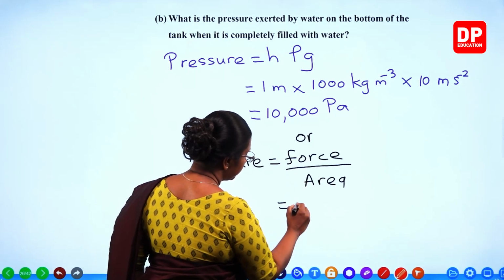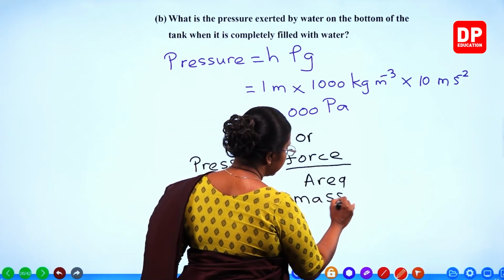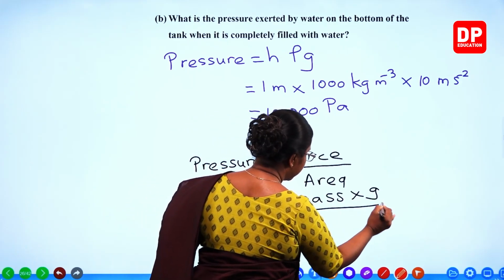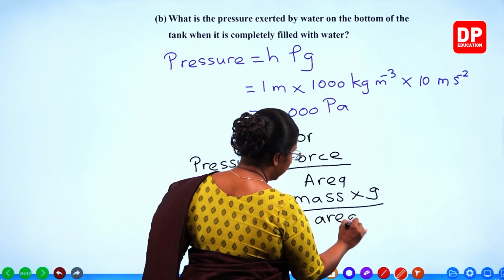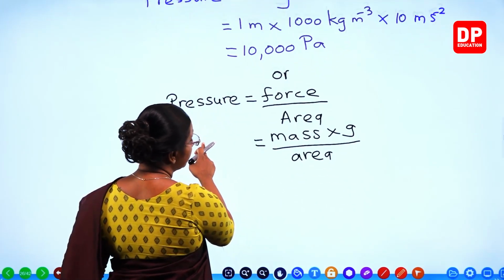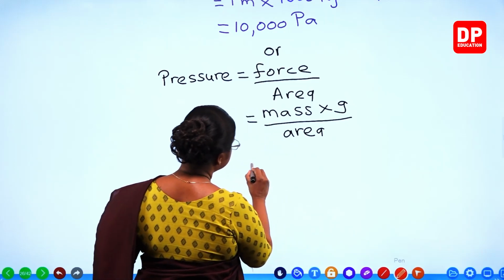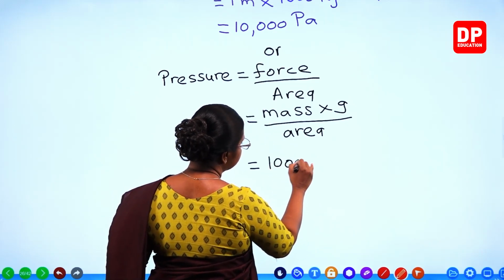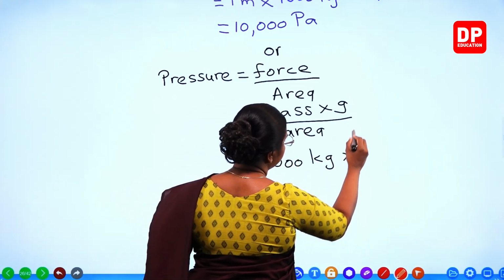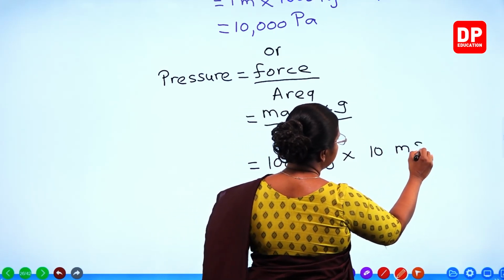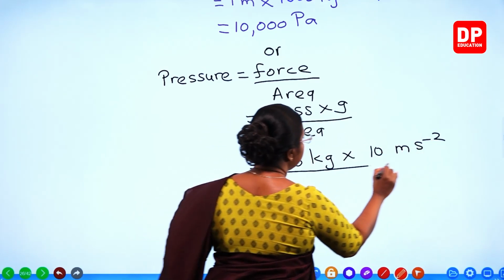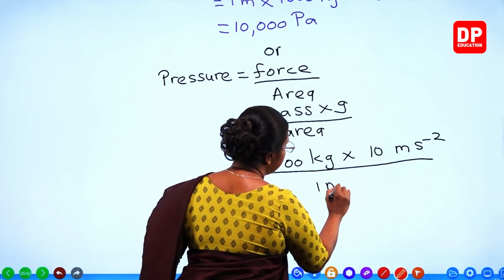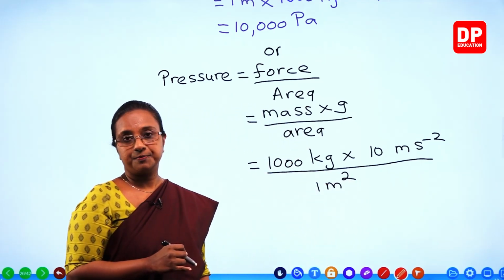So, here force is going to be mass into gravitational acceleration, divided by area. That is going to be the mass we found as 1000 kilograms, into gravitational acceleration 10 meters per second squared, divided by area 1 meter square.